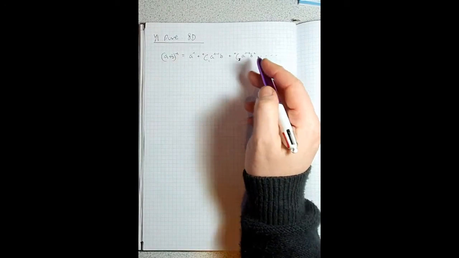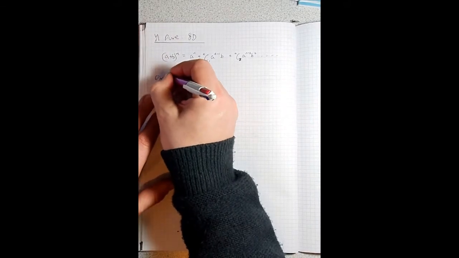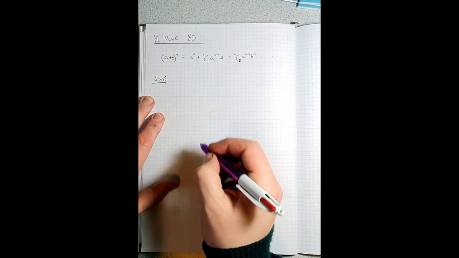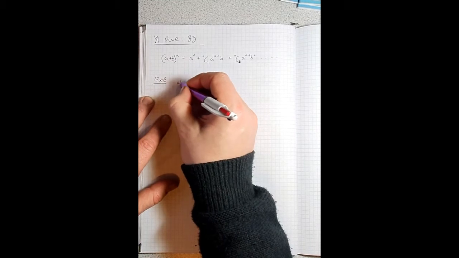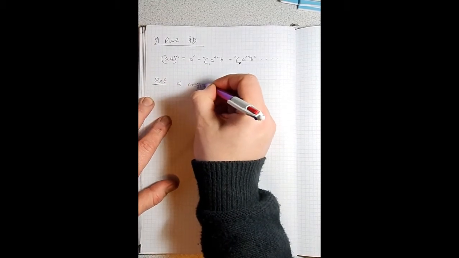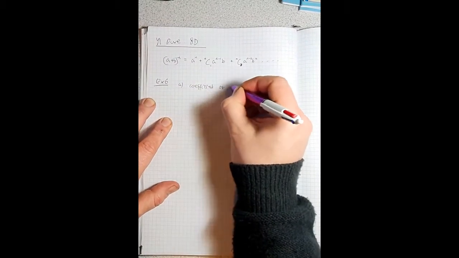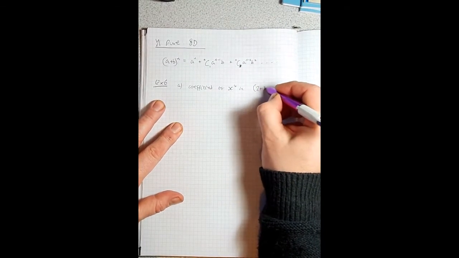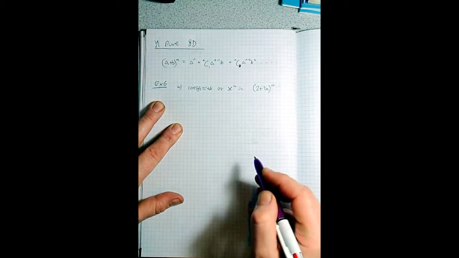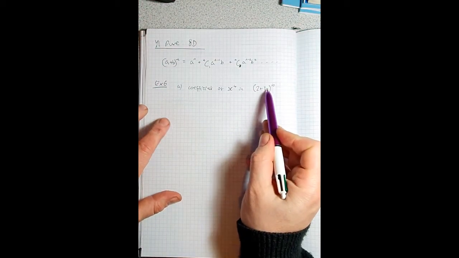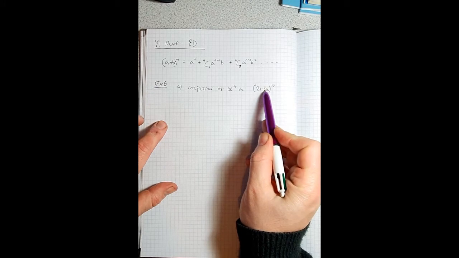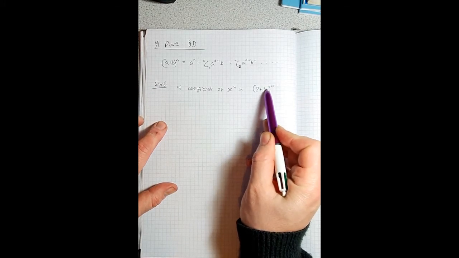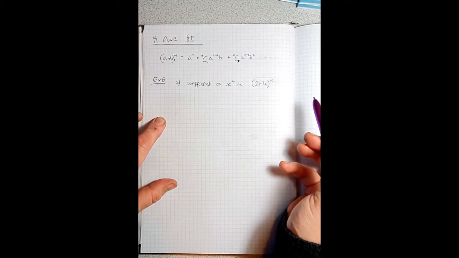Okay, so in example 6, if I want the coefficient of x^4 in (2 + 3x)^10, I just want the term where I'd get x^4. So the 3x would be raised to the power of 4.